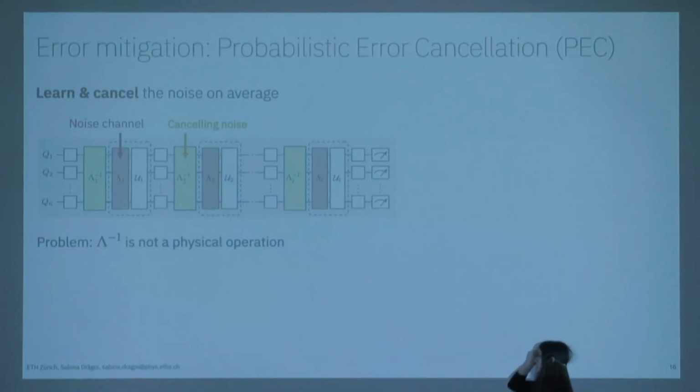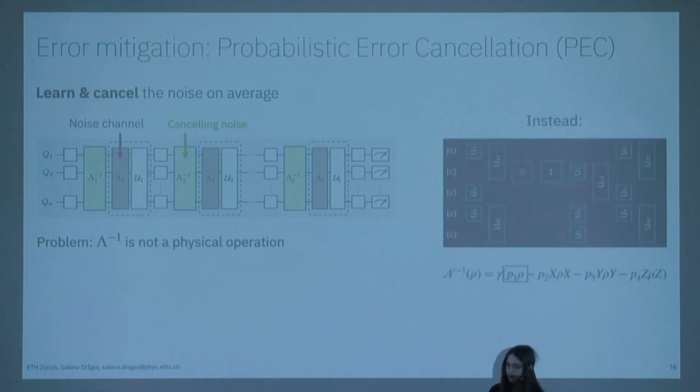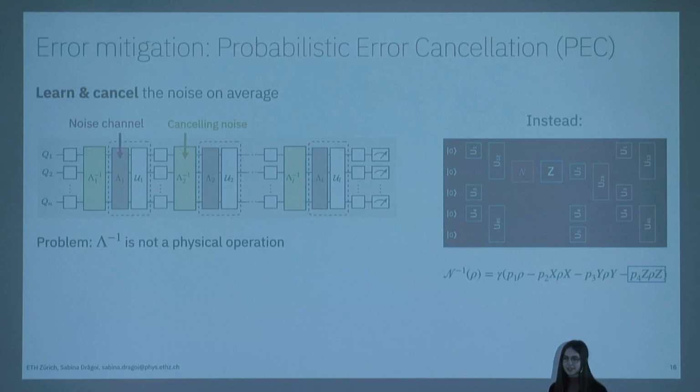But sadly, doing this operation is not exactly a physical way of doing it. So what people propose instead is to decompose the channel lambda to the -1 into smaller gates, identity, X, Y, or Z, and in short, basically randomly introduce errors into your circuit so that it cancels out.